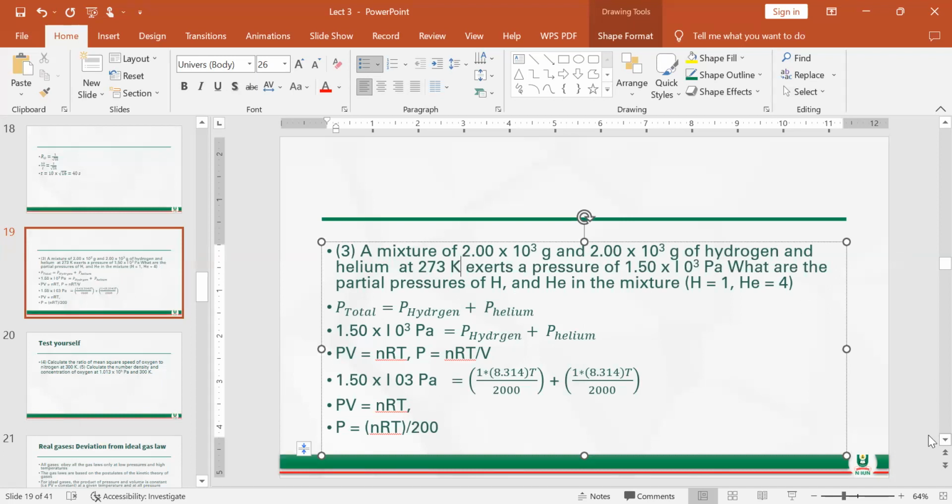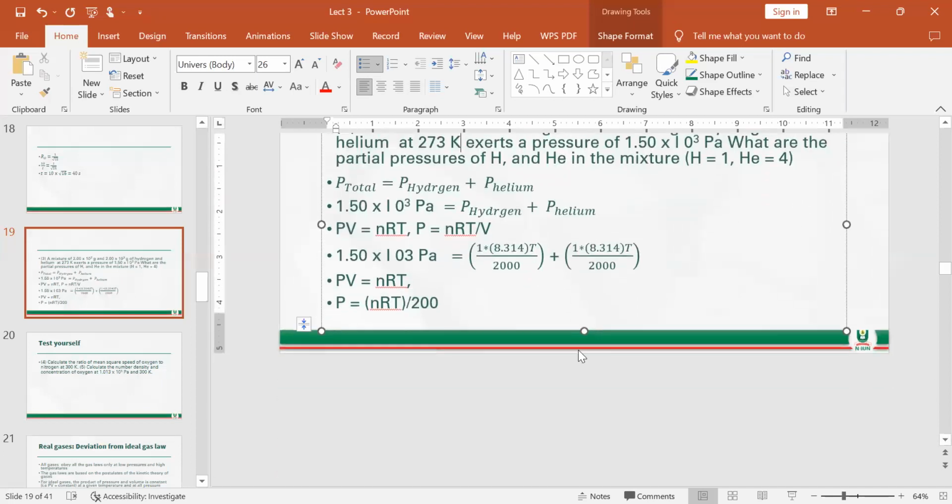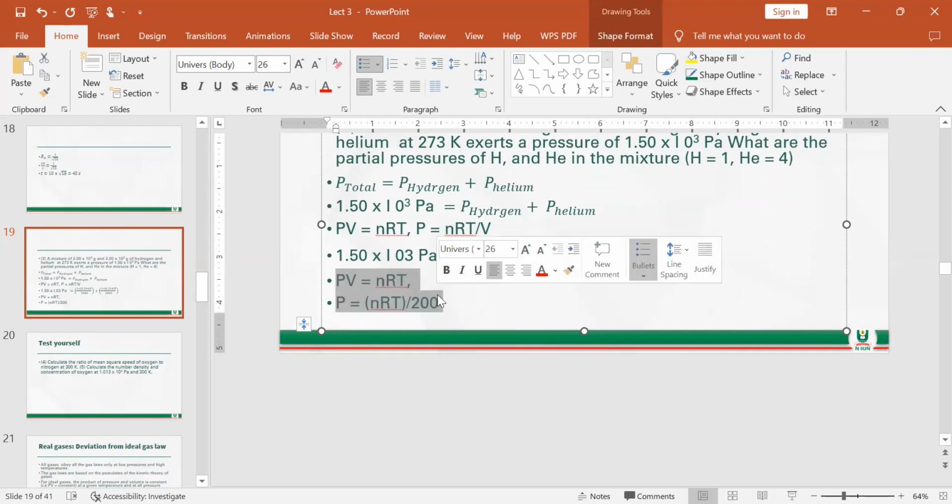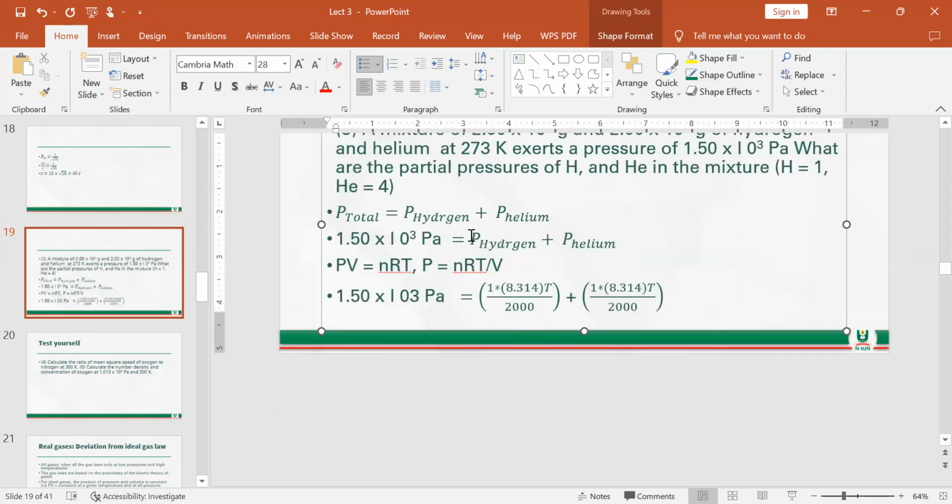So now you can apply. For hydrogen, when you multiply this by temperature, you have this. When you multiply this by temperature, you have this. So you will find out that this is the partial pressure for hydrogen, and this is the partial pressure for helium.